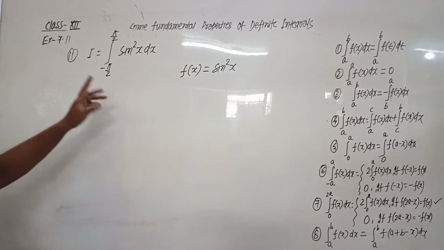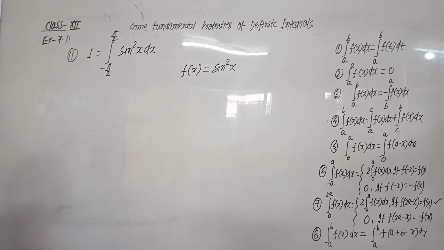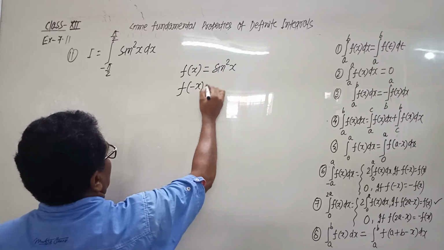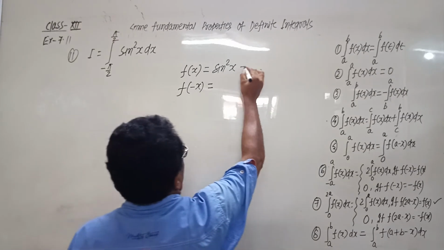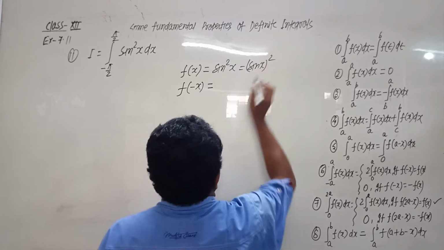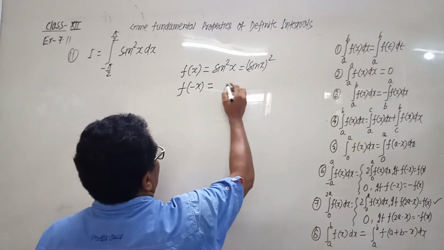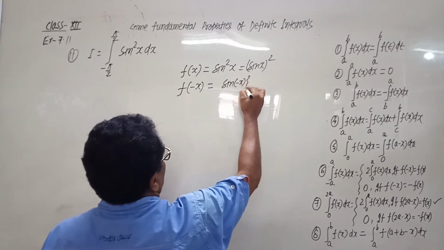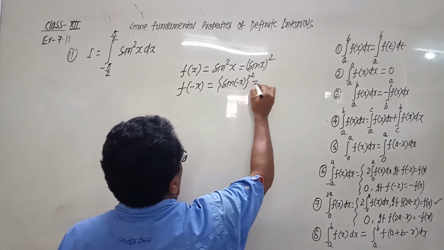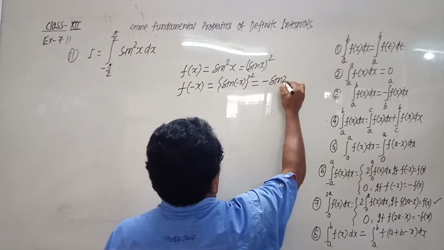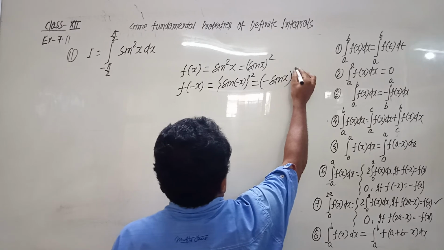So find f of minus x. f of minus x equals sin of minus x the whole square, and sin of minus theta is minus sin theta, the whole square.